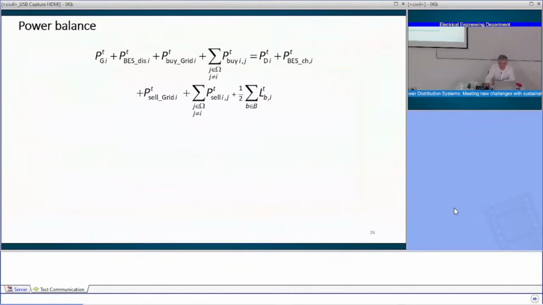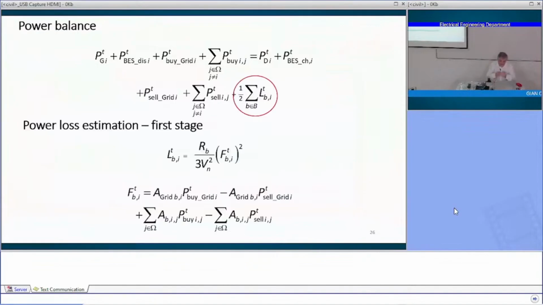There is the generation, the discharge of the battery, the power that is absorbed from the grid, the power that is bought from the other prosumers, plus, and you see that there is the demand, the battery that is charged, the power that is sold to the grid, the power that is sold to the other prosumers, and then we take into account also the losses inside this transaction with this term. That is a simplifying way, and we have adopted this kind of trick, we can say.